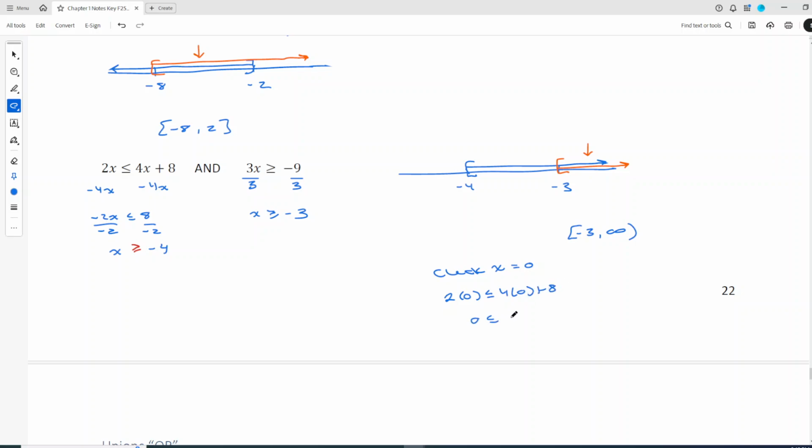Is 0 less than or equal to 8? Yes. Then we plug it into the other inequality as well because it has to satisfy both. Is 0 greater than or equal to -9? Yes. So we picked the values that make both of the inequalities true. These are intersections with the word and.